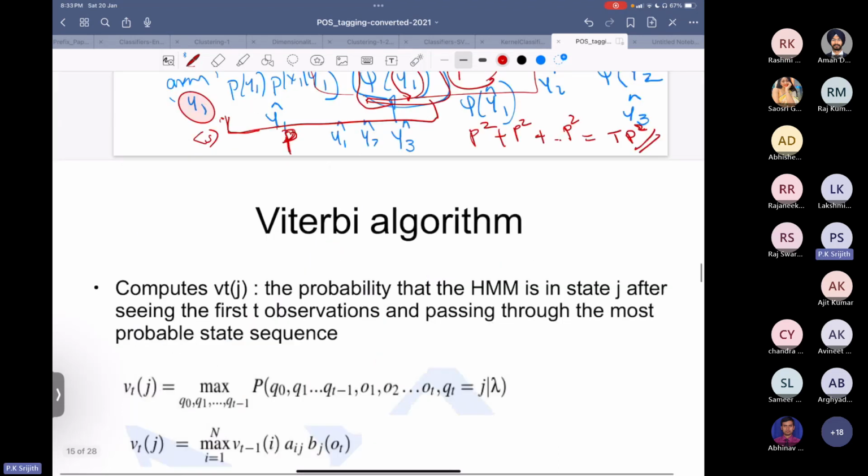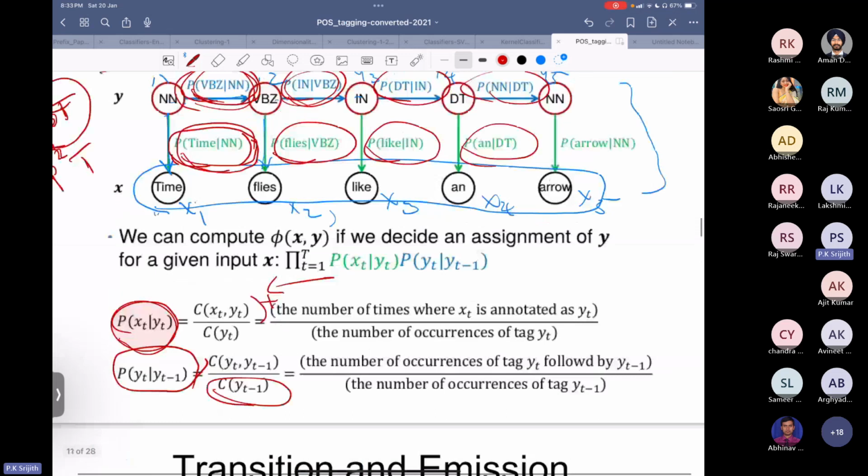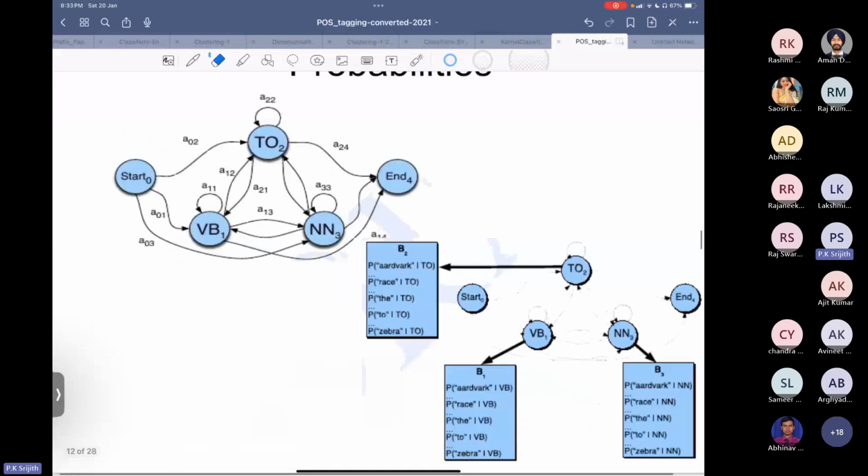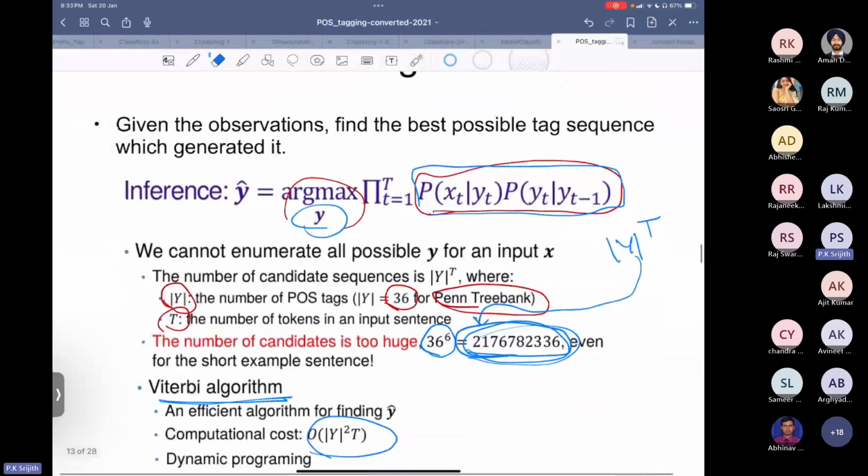The way you estimate these parameters can be seen as a result of taking log and equating to 0, because this is nothing but the maximum likelihood estimate. This can be seen as a result of taking log and equating it to 0 and getting these estimates of the probabilities. But in the case of inference, we generally do not take it.